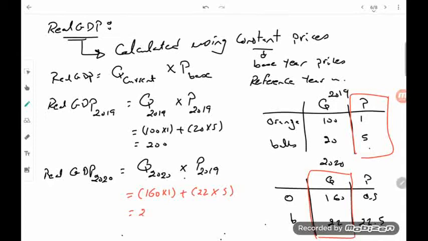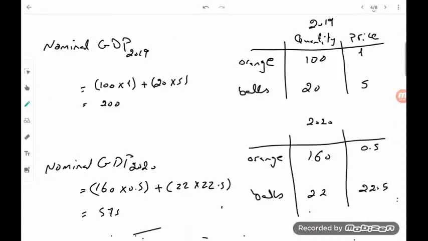It's 270. So the real GDP for year 2020 is 270, while the nominal GDP was 575. Do you think why there is a difference between nominal and real GDP?